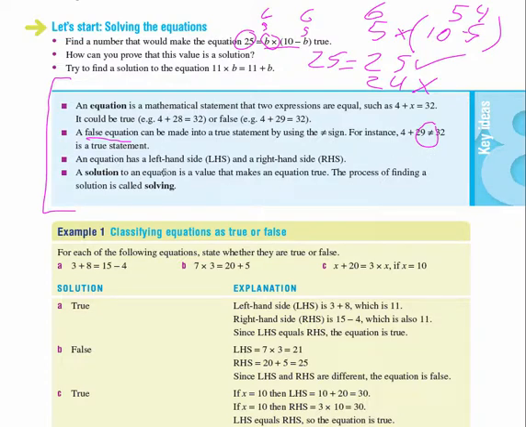An equation has a left-hand side, often represented by the acronym LHS, and a right-hand side, represented by the acronym RHS. A solution to an equation is a value that makes an equation true. The process of finding a solution is called solving. So those are things we need to know.